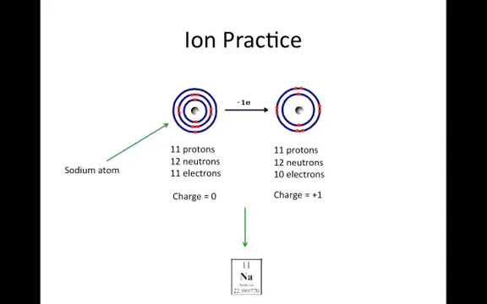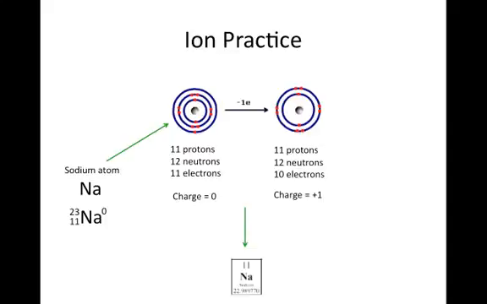Therefore, the atom on the left is a sodium atom because it has a neutral charge. We could represent it by just writing its symbol, Na, or we could use the notation that we saw earlier, showing the mass number on the top left, the atomic number on the bottom left, and the charge on the top right.